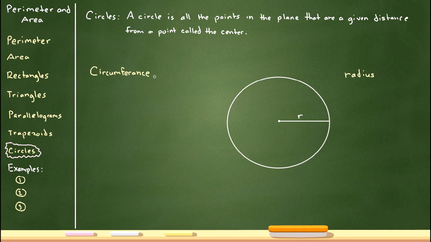That's not an A, circumference, that's an E. Even though this is math, I still try to spell things correctly here. So the circumference, there's a formula for this here. It's 2 times pi times the radius, where pi is a constant number.